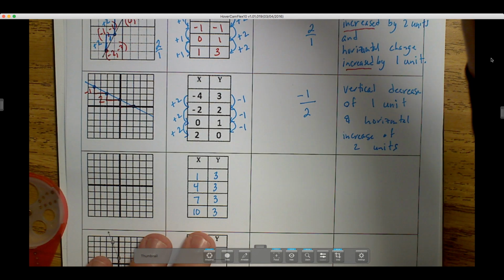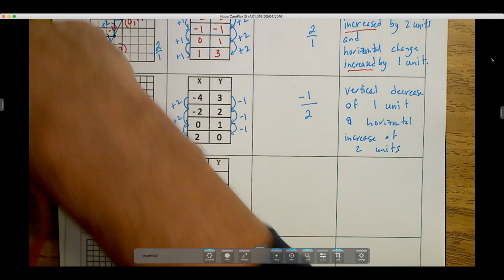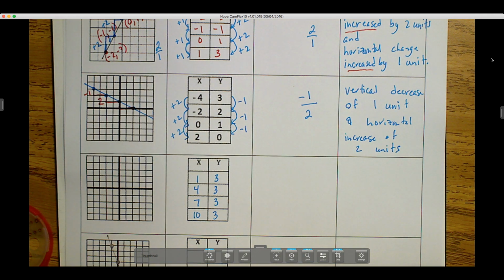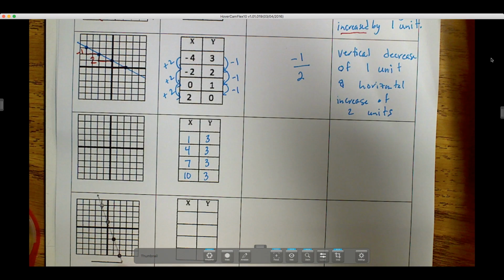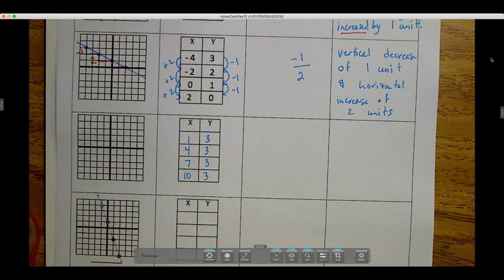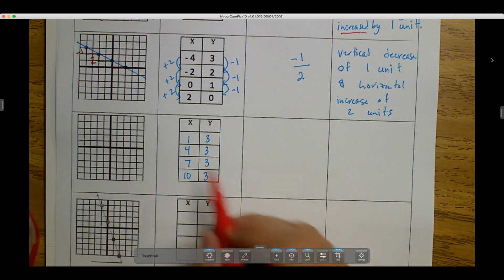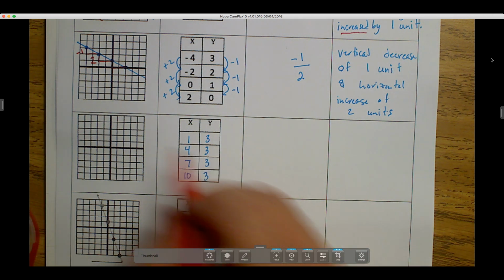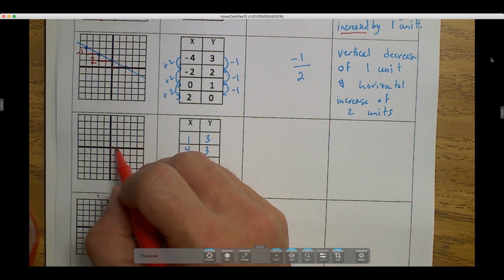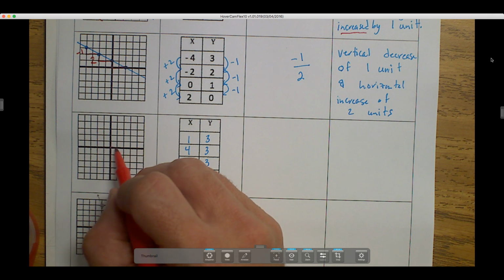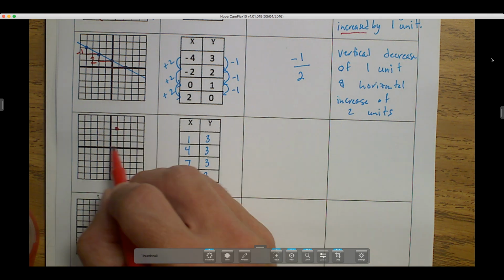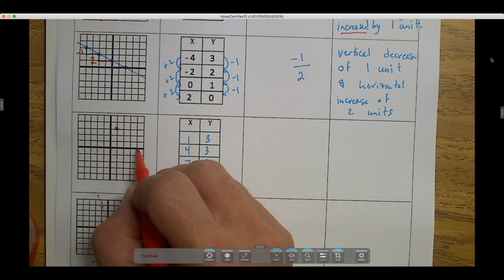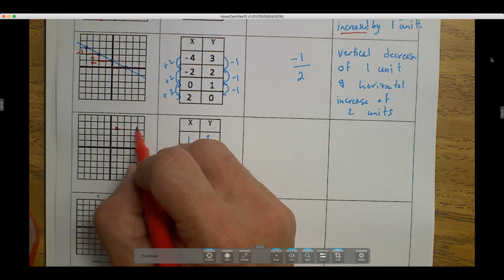Okay, so now we're going to look at the third one, and I'll help you out with this one by taking our points and plotting them. You'll notice that some of the points we have 1, 3: 1 over, and then 3 up. We have 4 over, 1, 2, 3, 4, and 3 up.